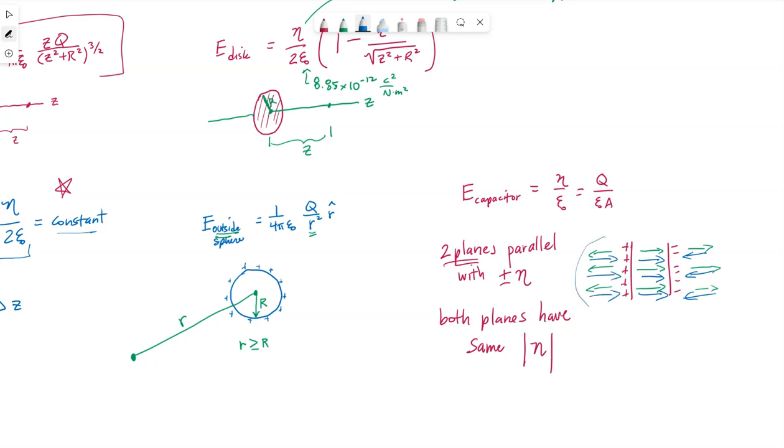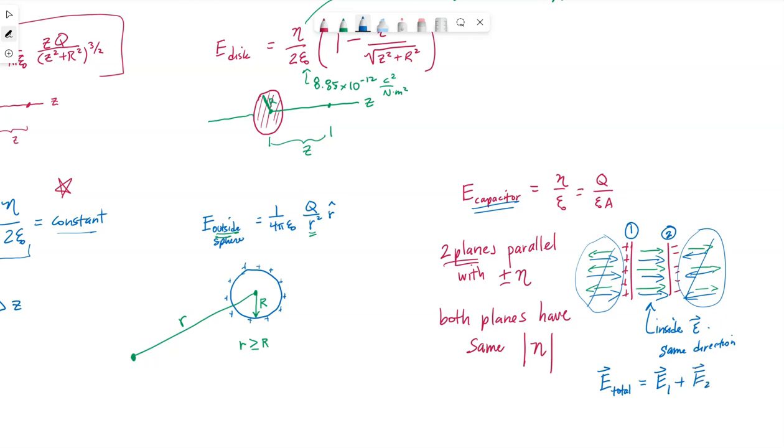So essentially, the electric field on the outside ends up canceling. So what we mean by E of the capacitor is inside, the electric fields are in the same direction. So if I called this plate 1 and plate 2, and I wanted to find the total electric field in there, I would need to add those together.